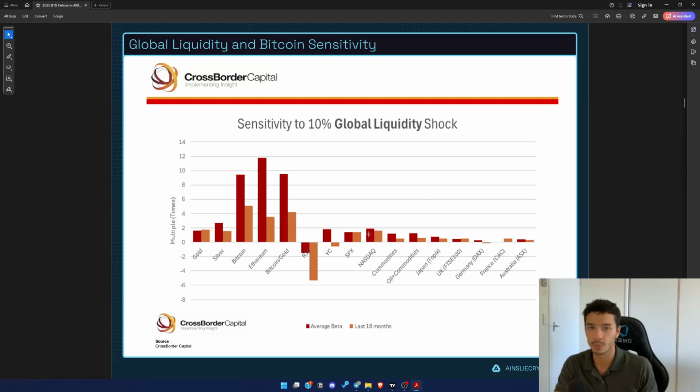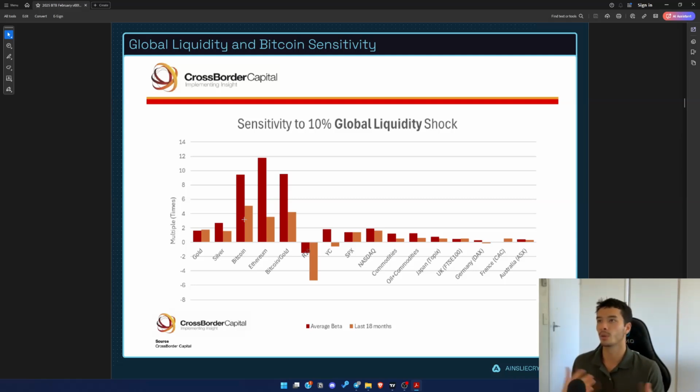So an appropriate allocation of capital is very important if you're looking to grow your wealth at a pace that outpaces inflation rates. So obviously a portfolio denominated in Bitcoin is better. As you can see, it's the highest performing so far of all the assets. You can see last 18 months, it's done a multiple of 5x on a basis of 10% increase in global liquidity.